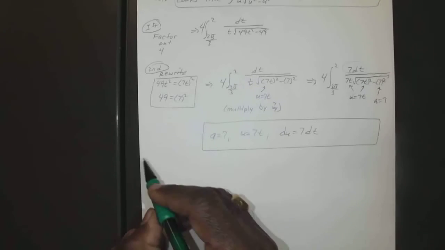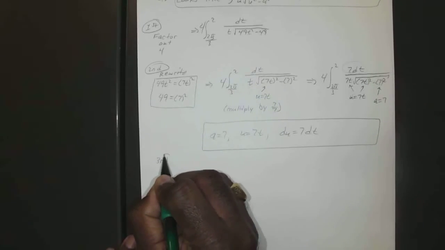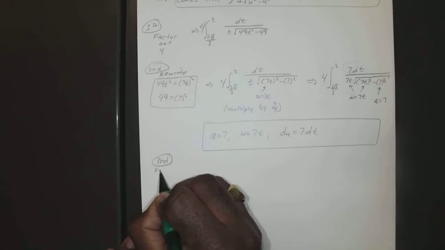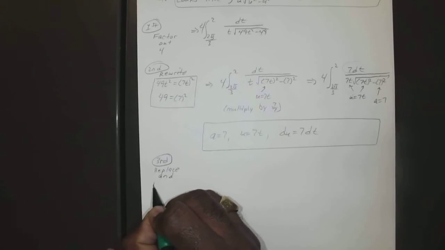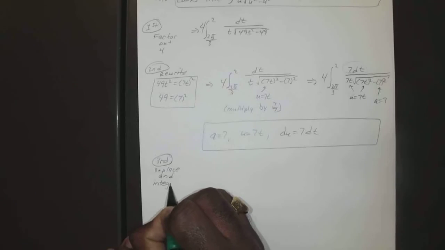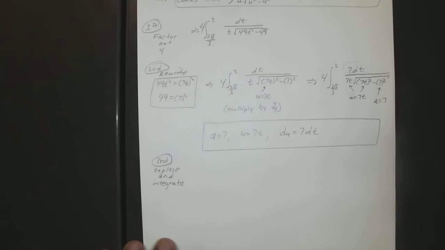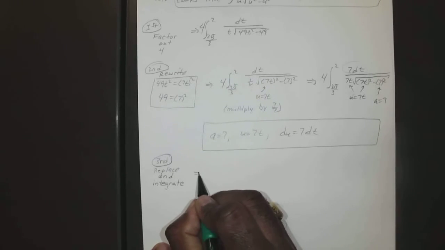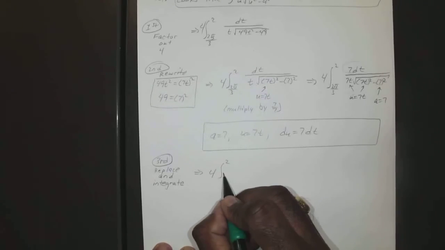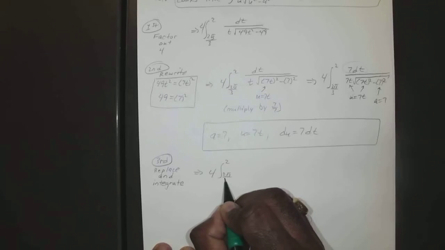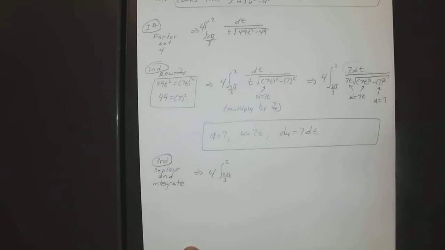All right, so which brings us to our third step, replace and integrate. Okay, so that gives us 4 times the integral from 2 square root of 3 over 3 to 2.